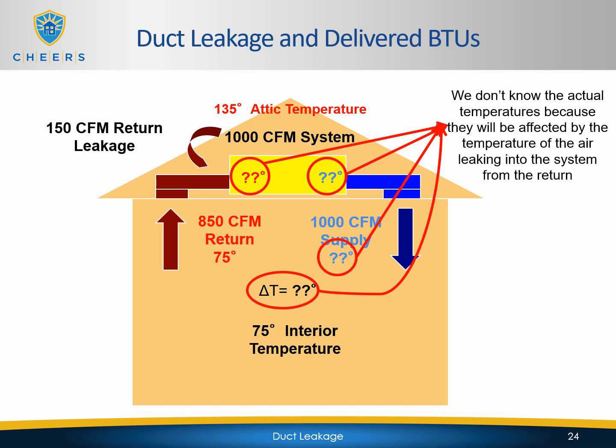We have 850 CFMs coming in from inside the house through the return grill, and then we have 150 CFMs being introduced from the attic through some kind of return leak into the system. Like I said, we don't know the actual temperatures because they will be affected by the temperature of the air leaking into the system from the return. So we have to figure those out.